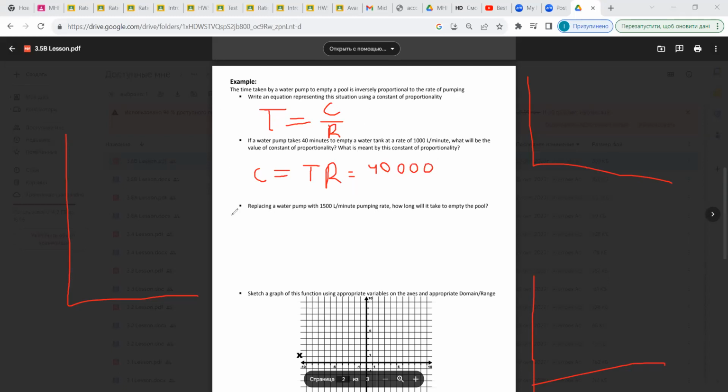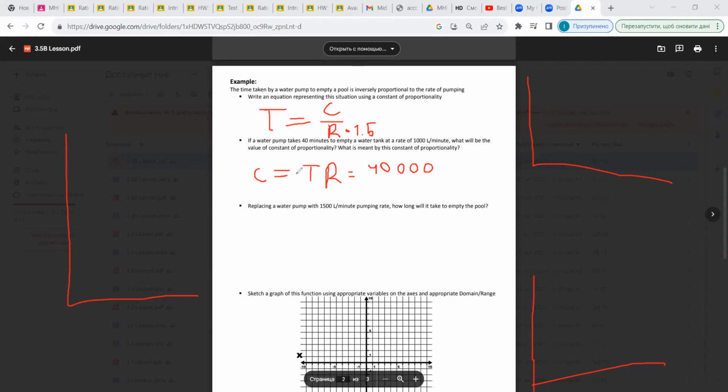Great job. And then, replacing the water pump with a 1,500 liter per minute pumping rate, how long will it take to empty the pool? So basically what we see here is that the pumping rate, which was 1,000, now increased by 500, or in other words, is multiplied by 1.5, right?